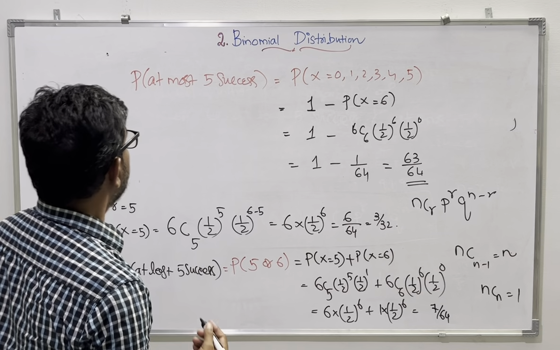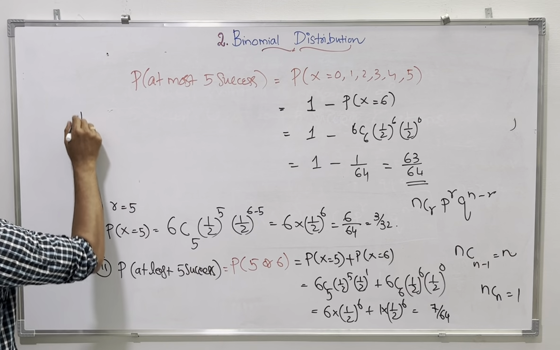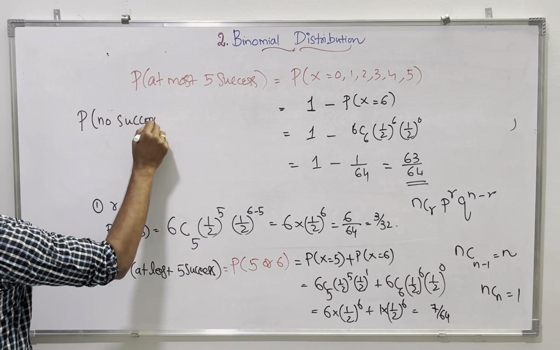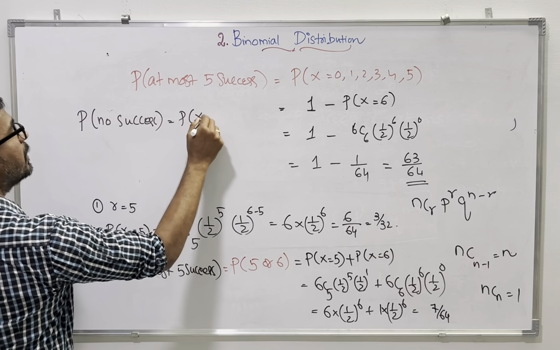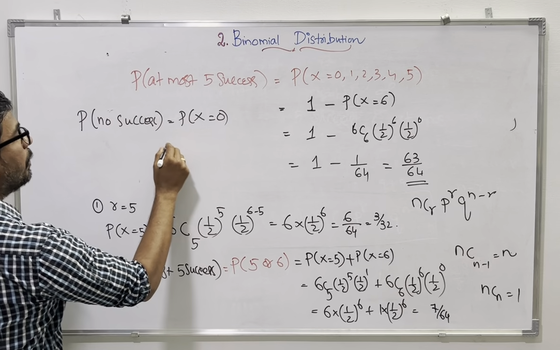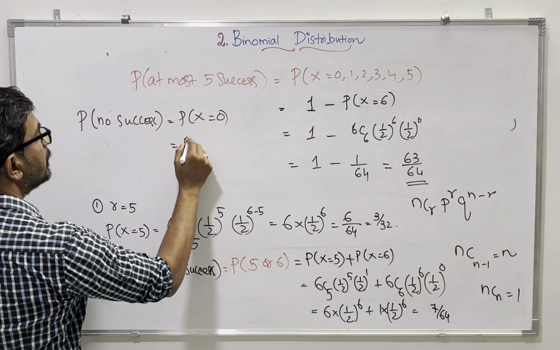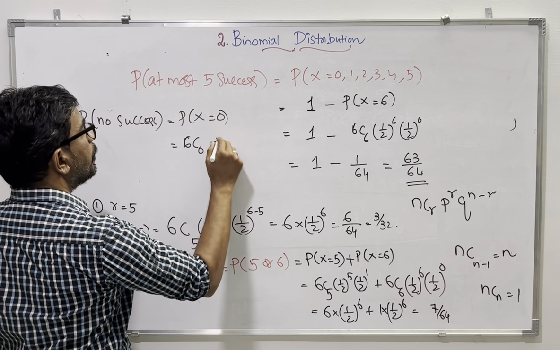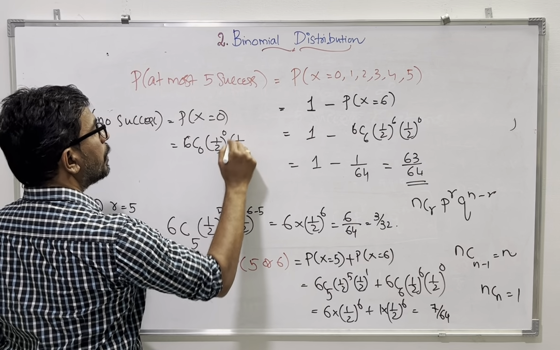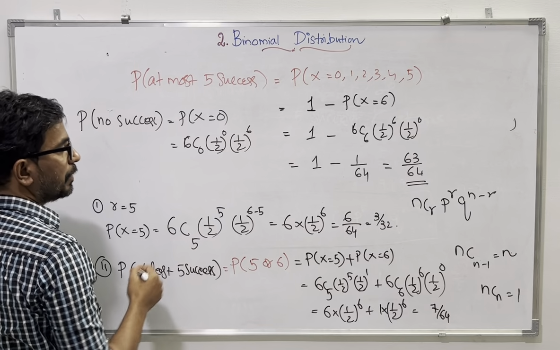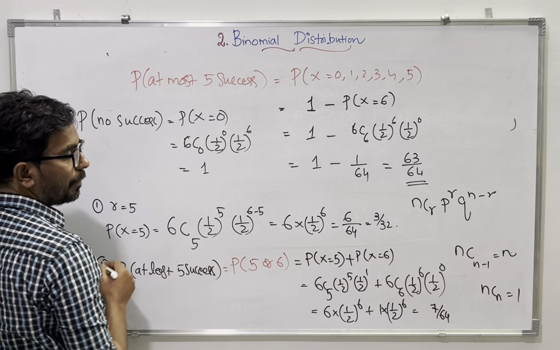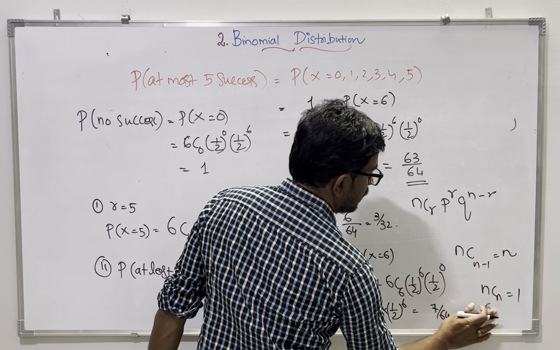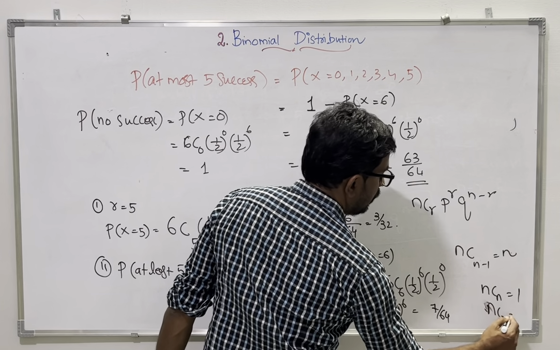And the last question: probability of no success. That means you need to find probability of X equal to 0. That is 6C0, 1 by 2 to the power 0, 1 by 2 to the power 6 minus 0, which is 6. 6C0 is 1, like nCn, so nC0 will also be 1.